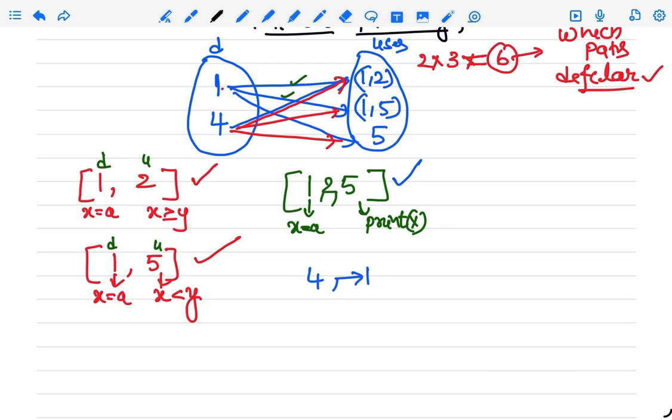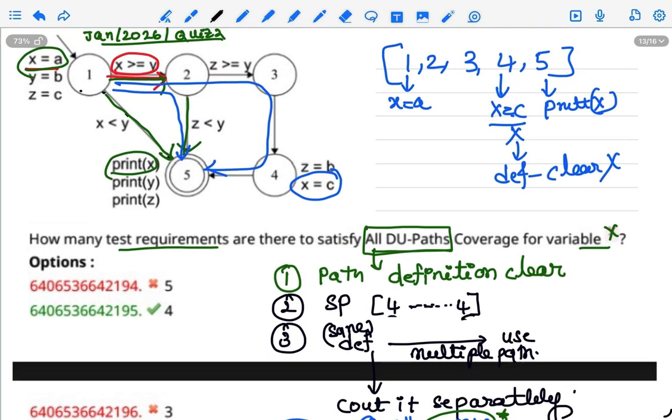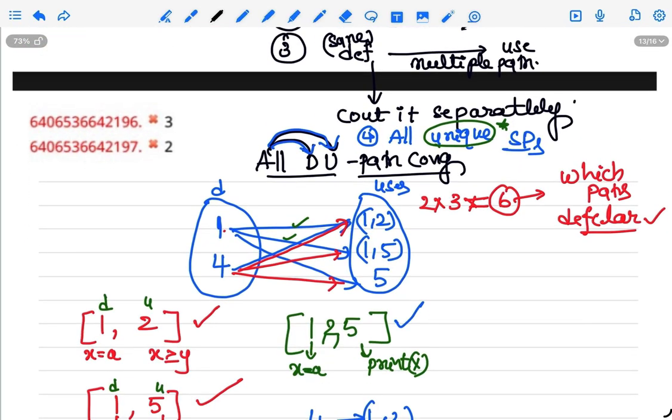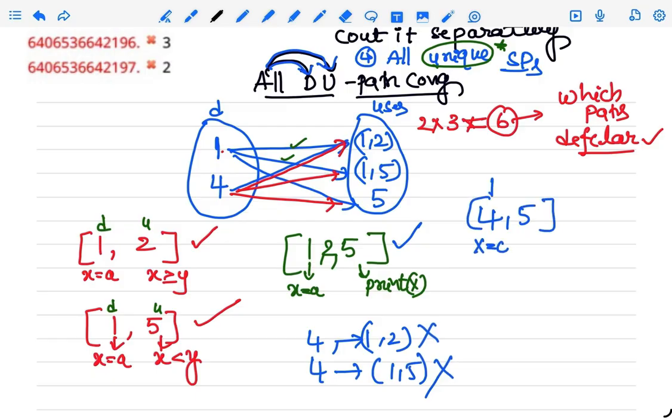Next, from node 4 we want to reach the edge 1, 2. There is no path from 4 to 2, so this is not possible. In the same way, 4 to 1, 5 is also not possible, but 4 to 5 is possible. From 4 to 5, x is c; the definition and the use is print x.